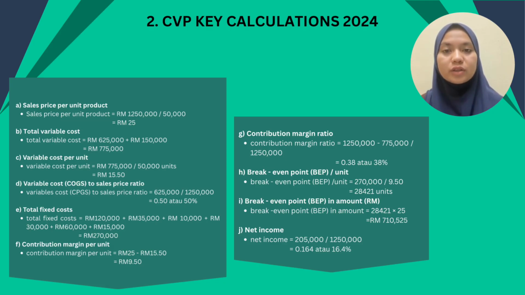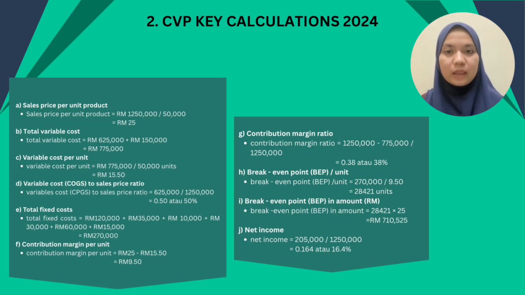And for the contribution margin ratio, the formula is sales revenue minus variable cost, all divided by sales revenue. The calculation is 1,250,000 minus 775,000, all divided by 1,250,000 equals 38%.